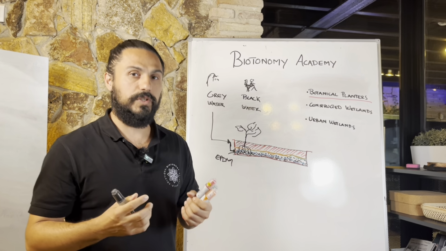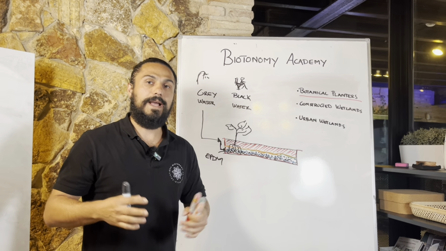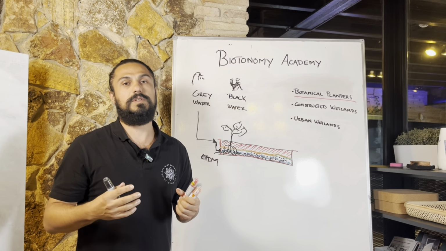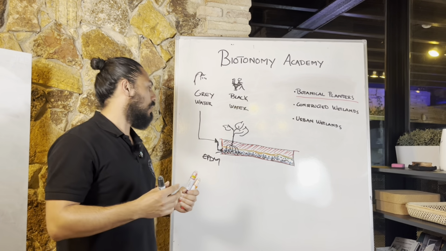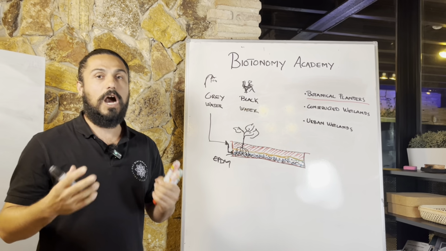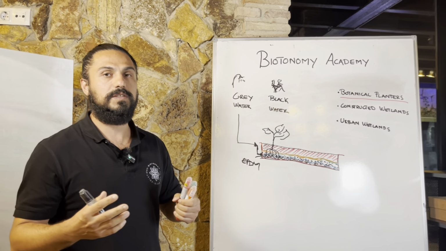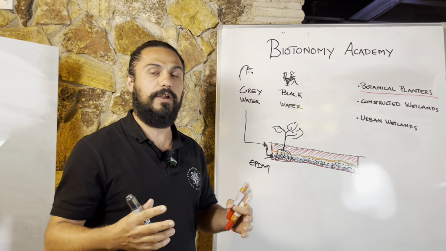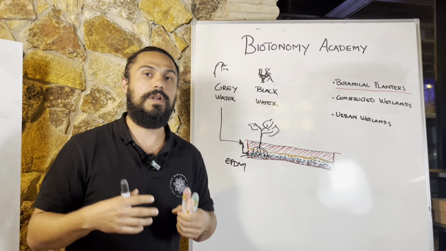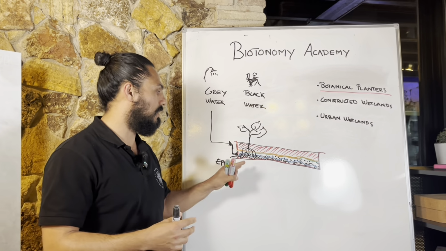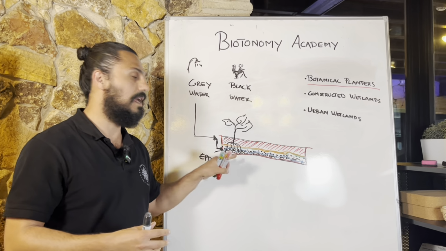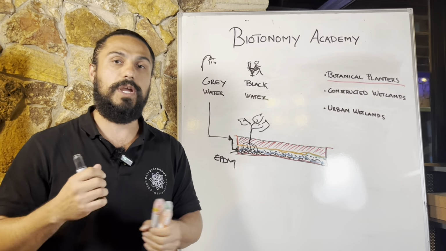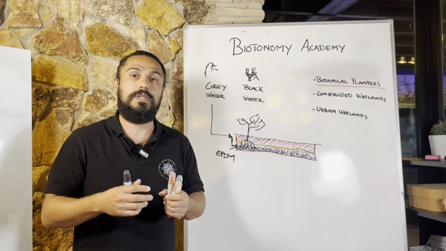When they consume this water, there's a natural biological treatment system happening. It creates oxygen, and it's basically an aerobic environment, where the oxygen, together with the bacteria inside of this layer, start breaking down that gray water and treating it.